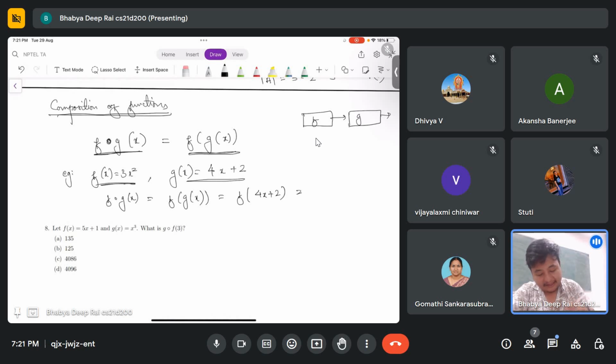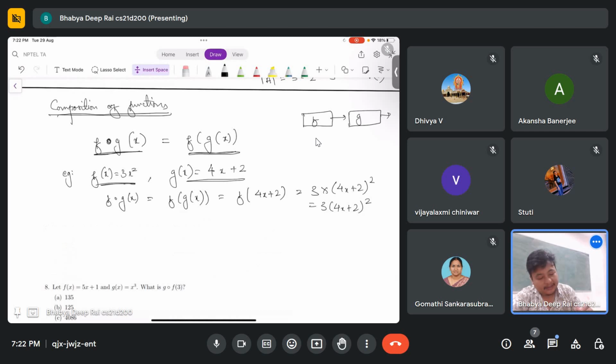We need to do 3x square, 3 and input square, times (4x plus 2) whole square. We are plugging in 4x plus 2 as the argument here, as the input here. So this is my F compose G of X.